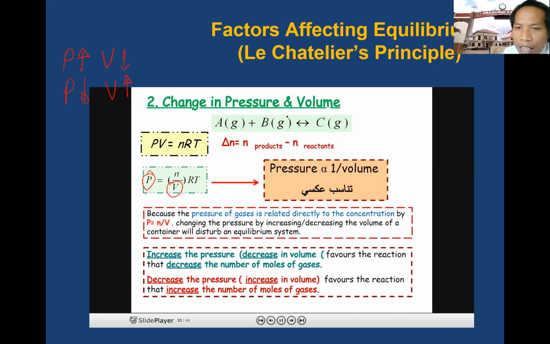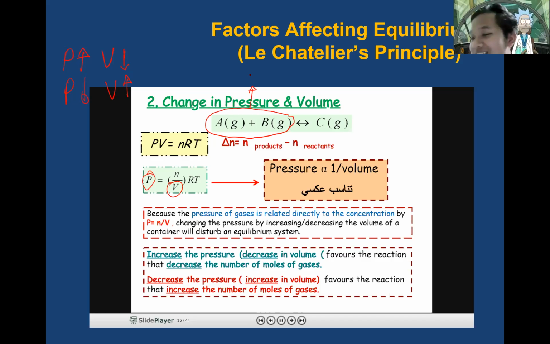For example, in this reaction A plus B, what will be the total mole for the reactant? It is 2, because it is 1 coefficient A and 1 coefficient B. For C, what is the total mole? It is 1.